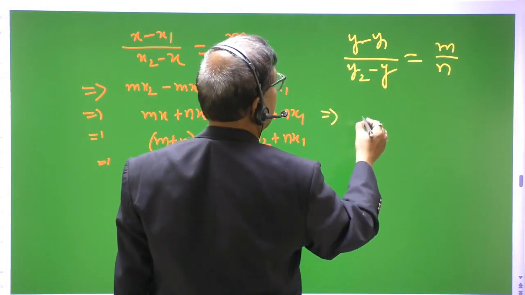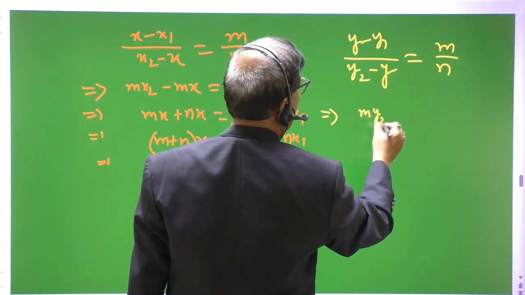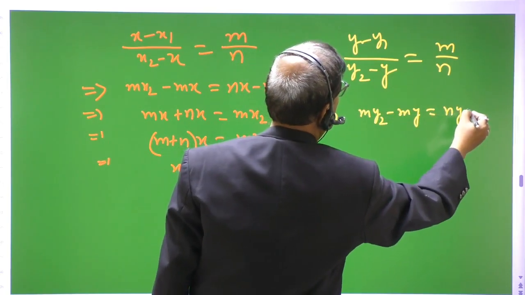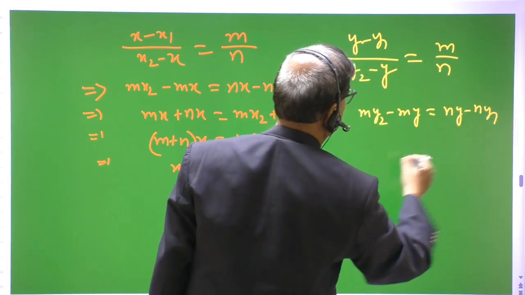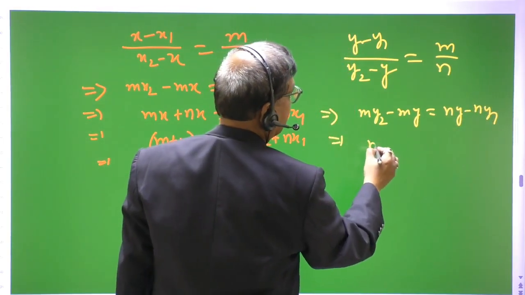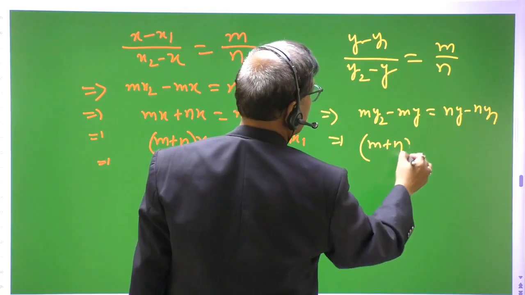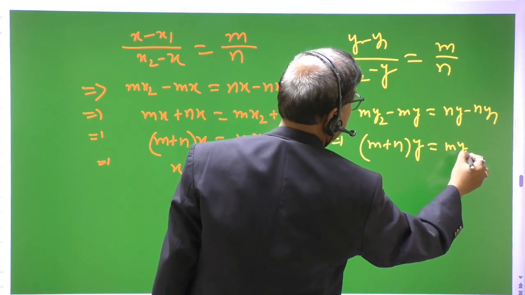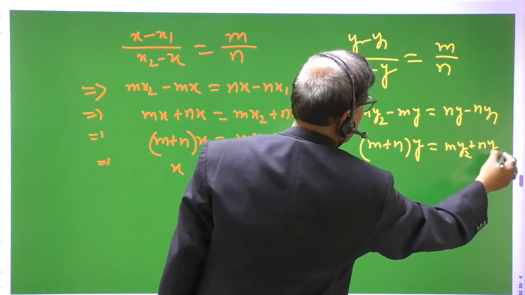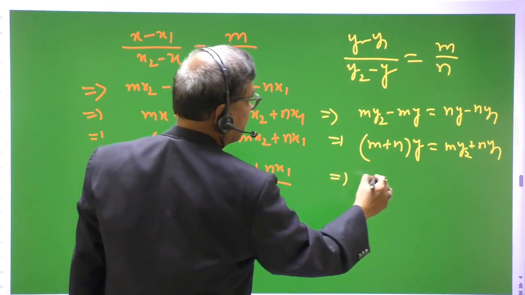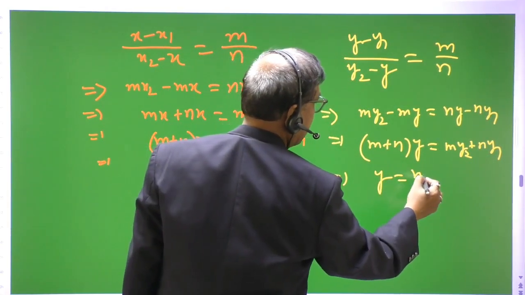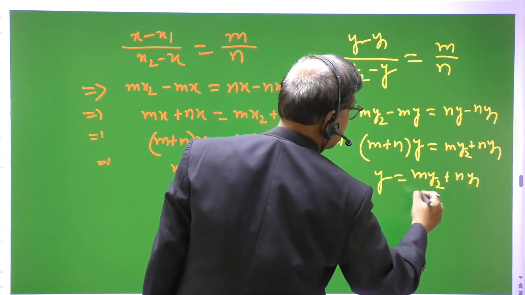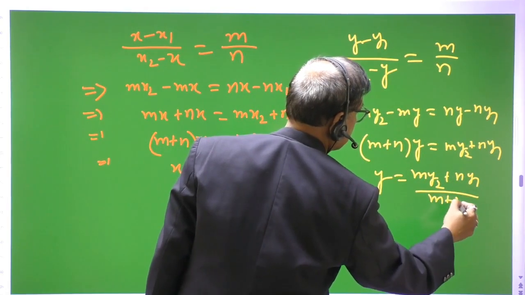This result implies m y2 minus m y equals n y minus n y1. That implies (m plus n) into y equals m y2 plus n y1, and this result implies y equals (m y2 plus n y1) upon (m plus n).